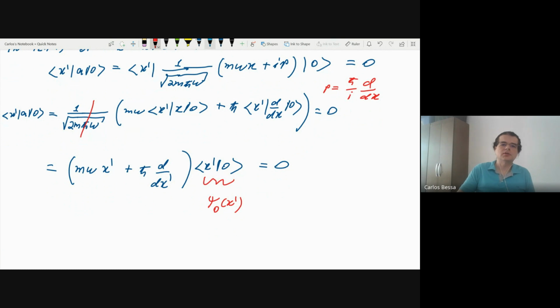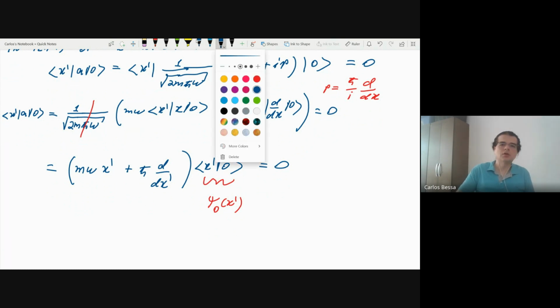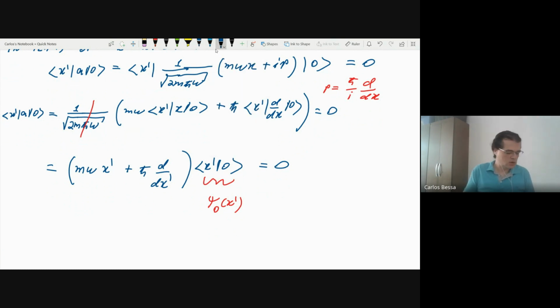So I can simplify this expression. This thing here will be x prime plus h bar over m omega d dx prime applied to psi 0 of x prime. This is equal to 0.